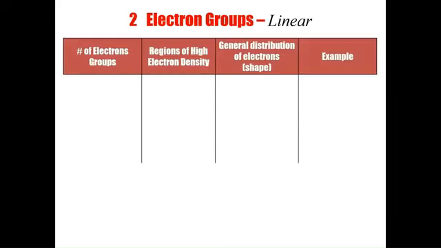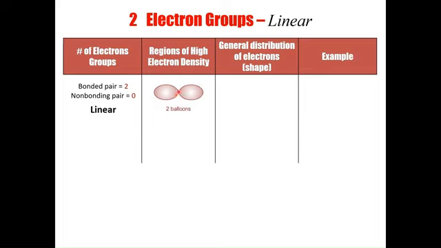So this slide will show that there's only one possible molecular shape for a compound that has 2 electron groups. The geometrical arrangement of 2 electron groups will always create a linear molecule. The electron pairs within those groups will always be bonding. This creates 2 regions of high electron density around a central atom.